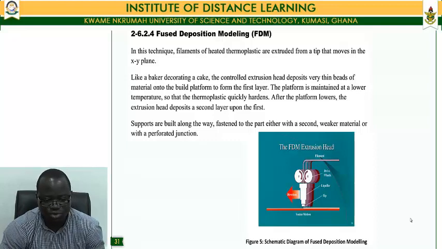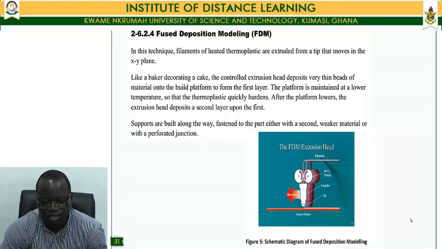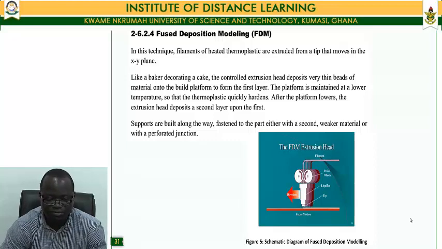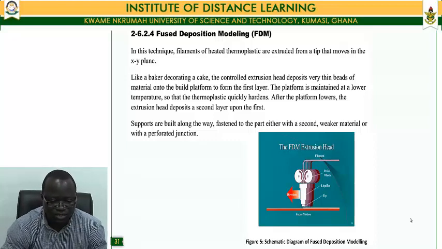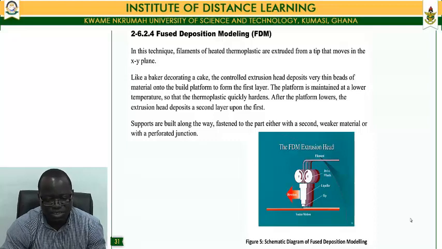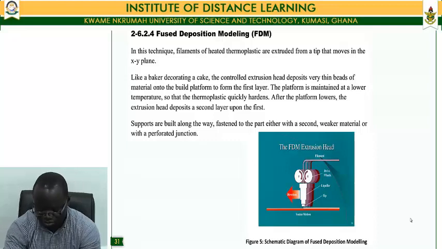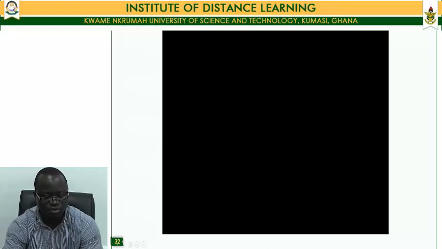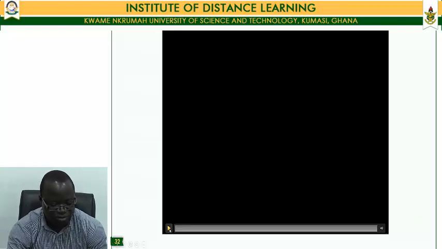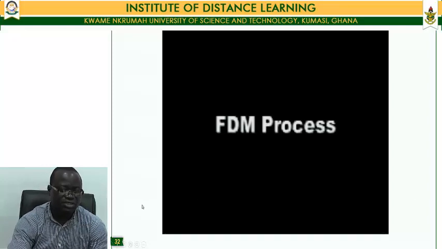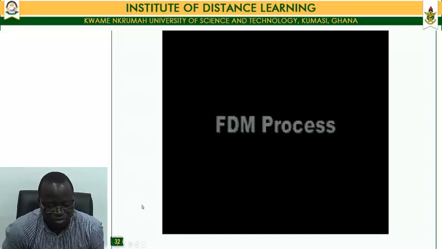Simply by controlled extrusion, you have a heat depositing very thin beads of material onto a build platform, the first layer, and then the platform is maintained at a lower temperature so that the thermoplastic will harden quickly, and then it lowers, and then another extrusion head comes in, and there's another layer. So I'm going to show you that fused deposition modeling technique, fused deposition process.